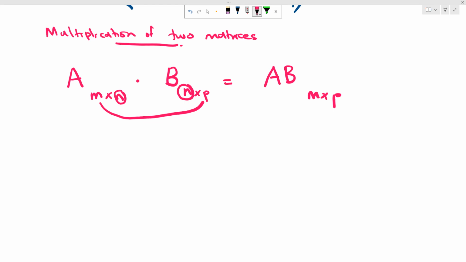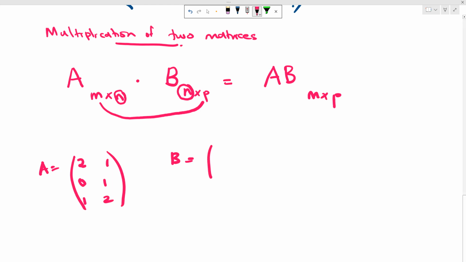Now let's take an example of a 3 by 2 matrix. So A is equal to 2 1 0 1 1 2.